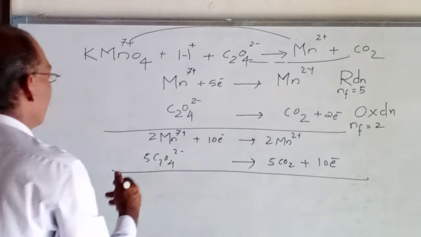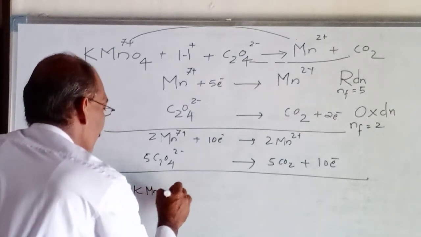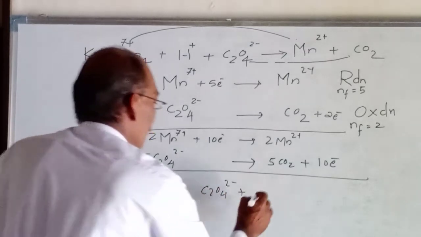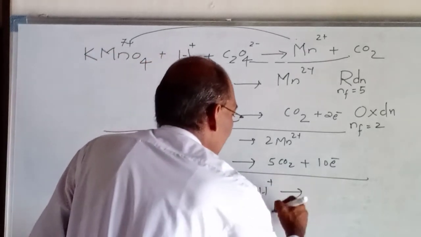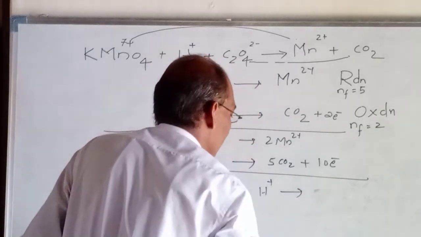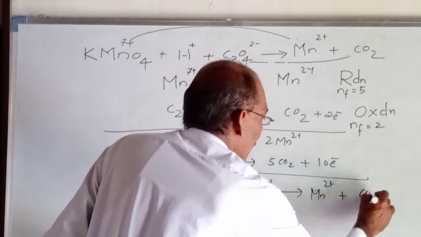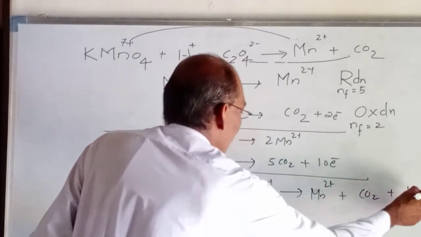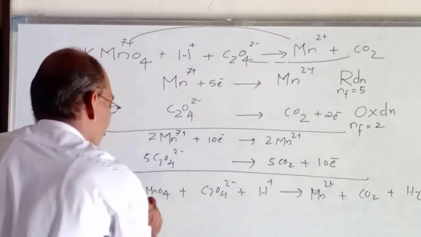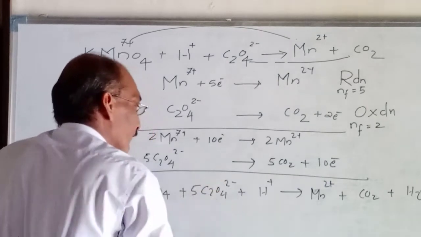In the last step we can write KMnO4 plus C2O4 2 minus plus H plus gives CO2, Mn2 plus, and water. Here oxygen and manganese can be balanced using 5 and here 5.